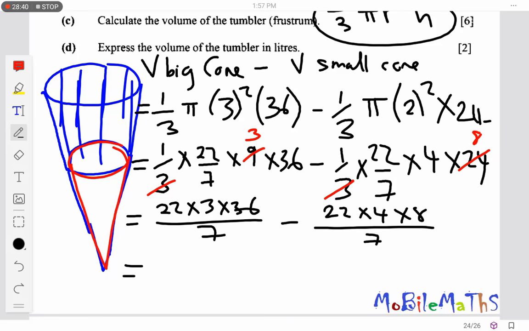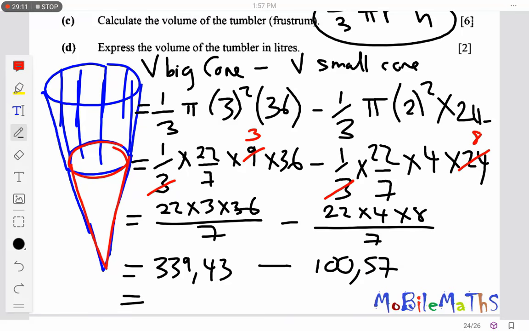So let's see. I'll get for the first one, I've got 22 times 3 times 36, that's 2376, divided by a 7, that is giving me 339.43, minus for the next one there, 22 times 4 times 8. I'm getting 704 divided by 7, that's 100.57.